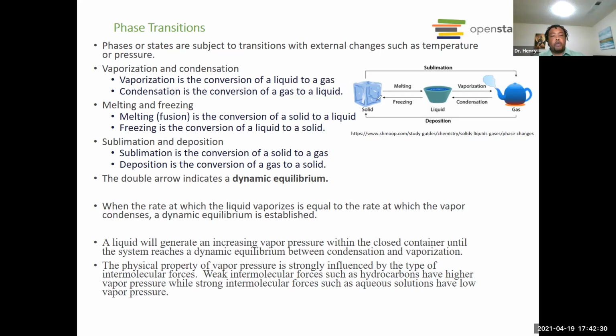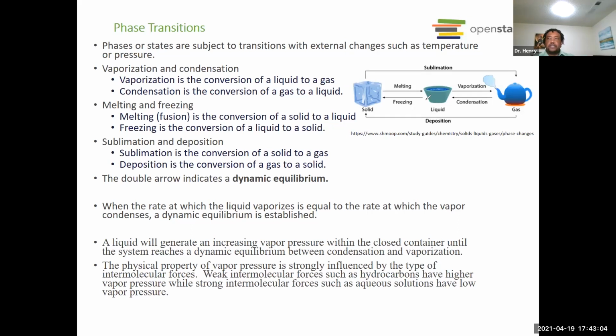When they reach dynamic equilibrium, let's say if we're talking about melting and freezing, the rate of freezing is going to be equal to the rate of melting. In other words, you have molecules going at the same rate in both directions so that you're maintaining that state, okay?